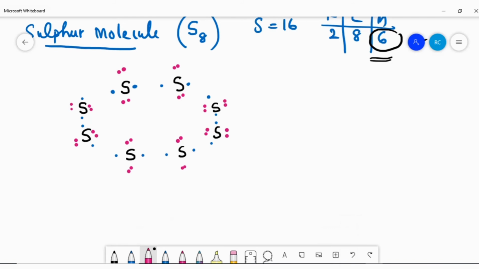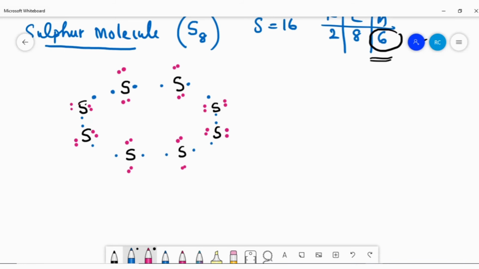When you draw these electrons, just make sure that you are drawing them in a proper way so that the sharing will be easy with other atoms. Now the next part is you need to draw the circles around each atom by satisfying 8 electrons.